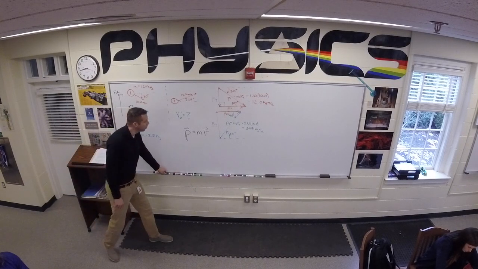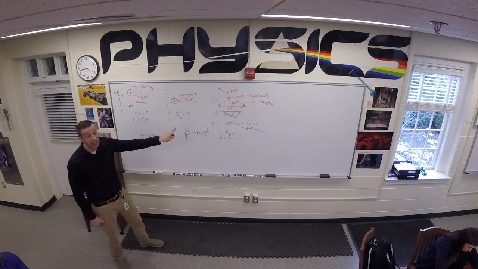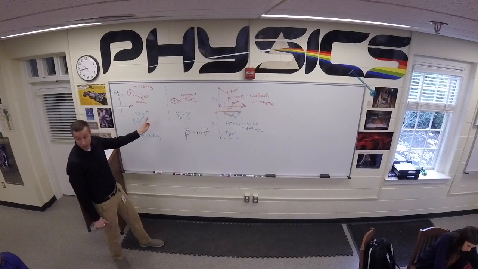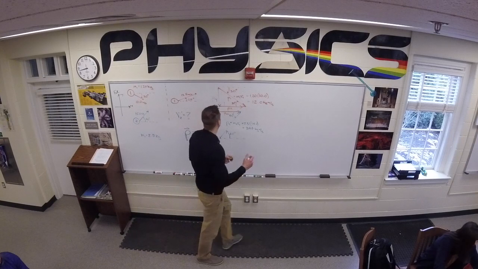Okay, so what we just did there is P, the system's momentum beforehand. But according to the problem, we also have information afterwards, right? And so we're not done with our initial setup here.